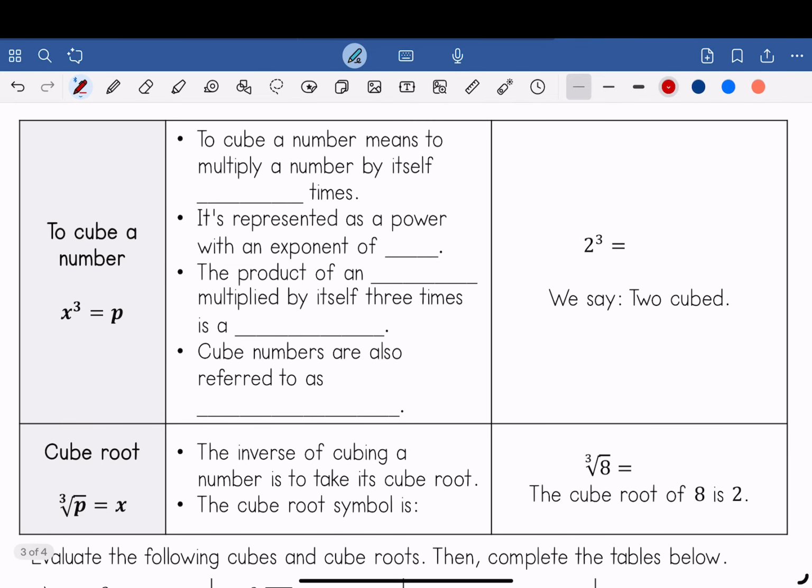Okay, so how do you cube a number? To cube a number means to multiply a number by itself 3 times. It's represented as a power with an exponent of 3. The product of an integer multiplied by itself 3 times is a cube number.